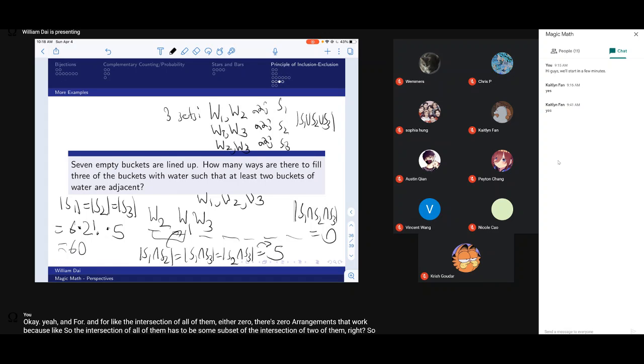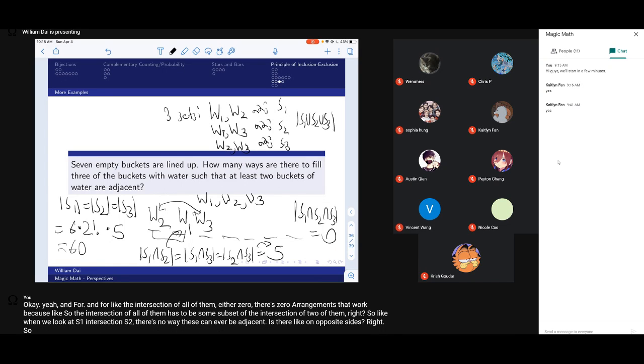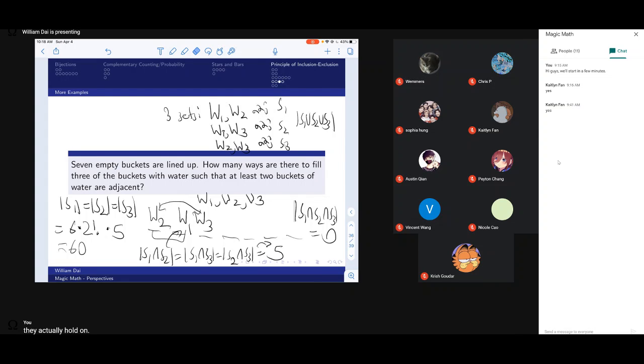So when we look at S1 intersection S2, there's no way these can ever be adjacent because they're on opposite sides, right? So wait, actually, hold on. This should be 10 actually, because we can also have W3, W1, W2. But the same idea of these can never be adjacent still applies.